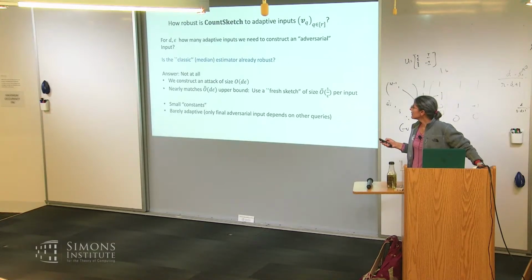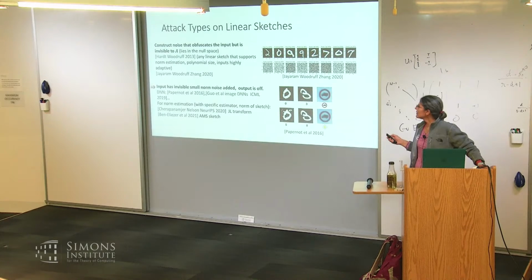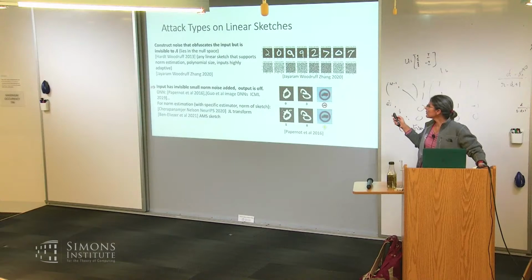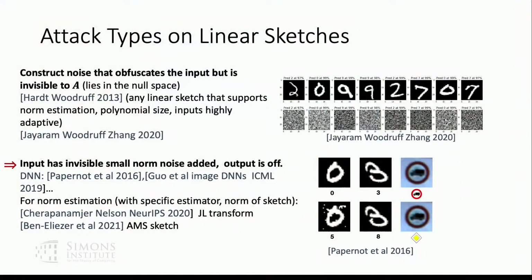So it confuses the human. And here, you just add a little bit of noise that actually confuses the sketch. So there are two types of ways to mess with these linear sketches. Maybe I shouldn't have used the word attack. Gotcha. Thanks.